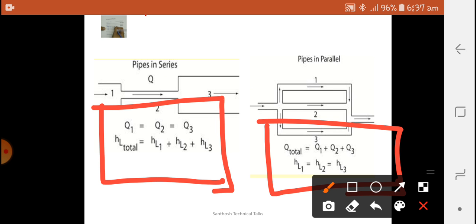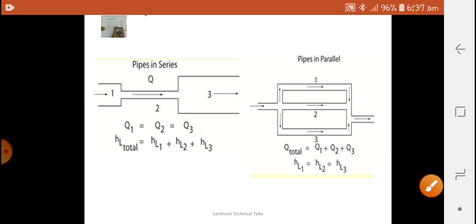Here, one thing you have to note: in a series pipe, the discharge in every section is equal, whereas the total head loss is the sum of the head loss in each and every section. In parallel pipes, the head losses are equal, whereas to find the total discharge, we have to add the discharge of every pipe. That is the key point about parallel and series pipes.